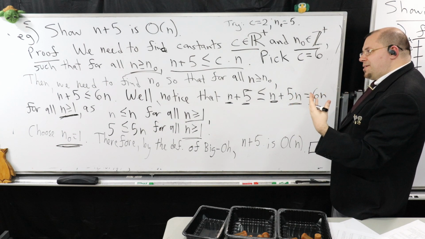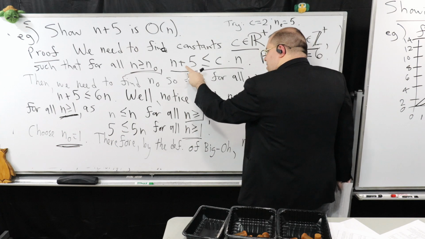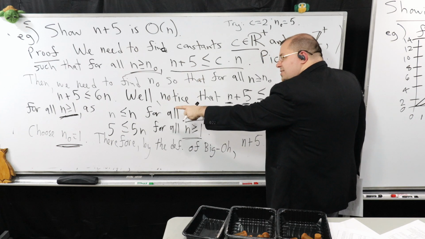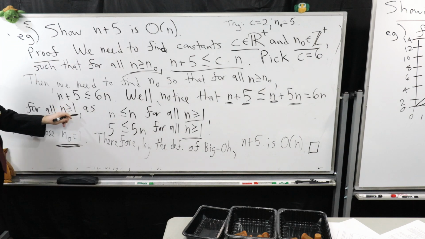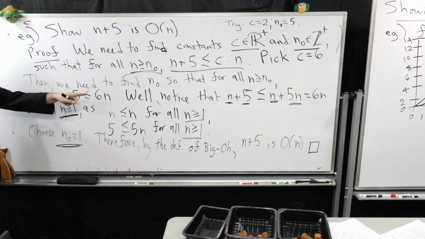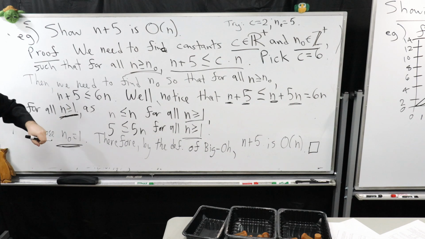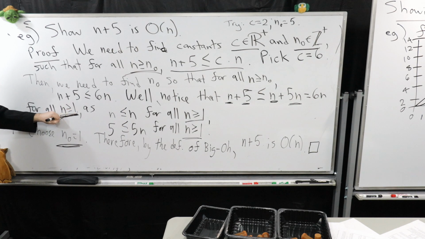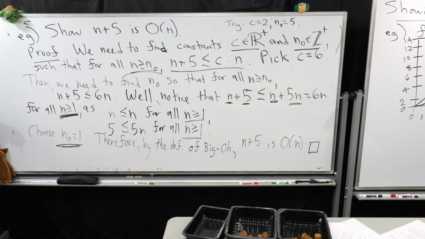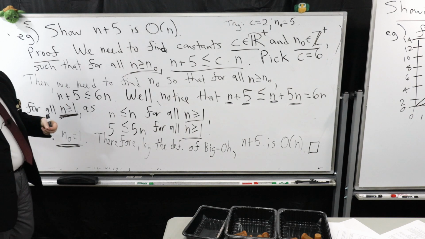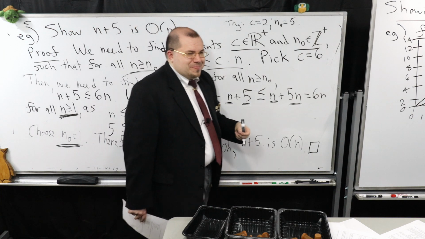So notice here that when I chose n0 to be 1, like I said previously, I argued that this inequality over there is true for all n greater or equal to 1. Just like in my example where I plotted the two functions out, I found where their last intersection point was.